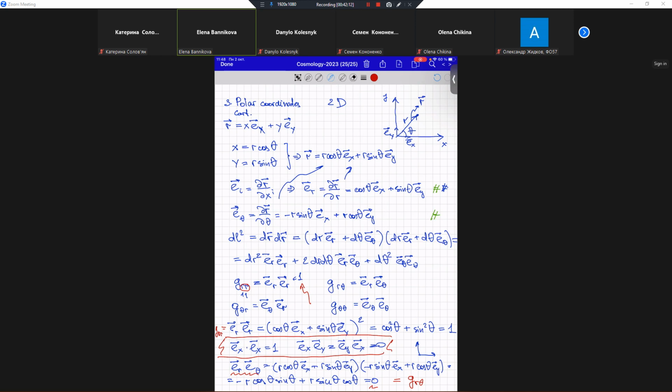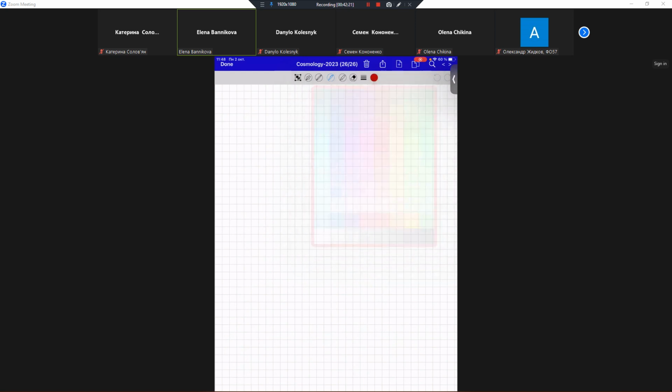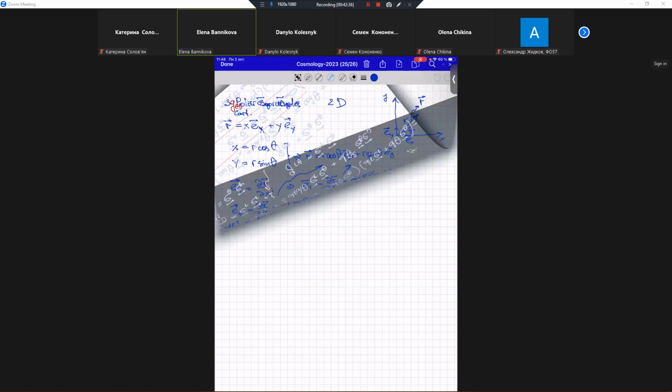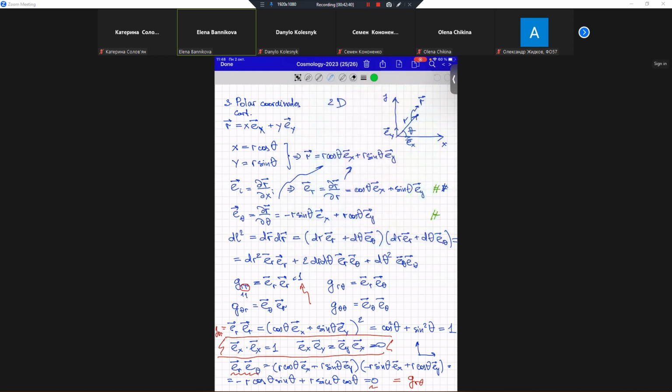And finally, we can look at what happens with the other diagonal element. So I'm making g theta theta, which is e theta multiplied on e theta, which is equal to, so we need to look here, this.